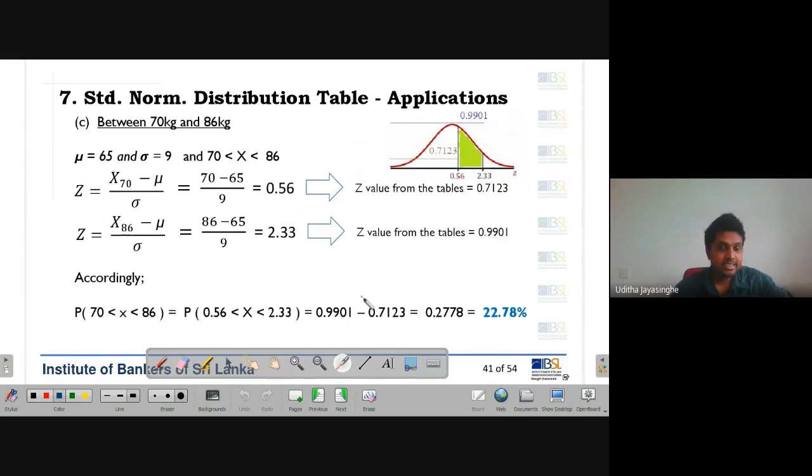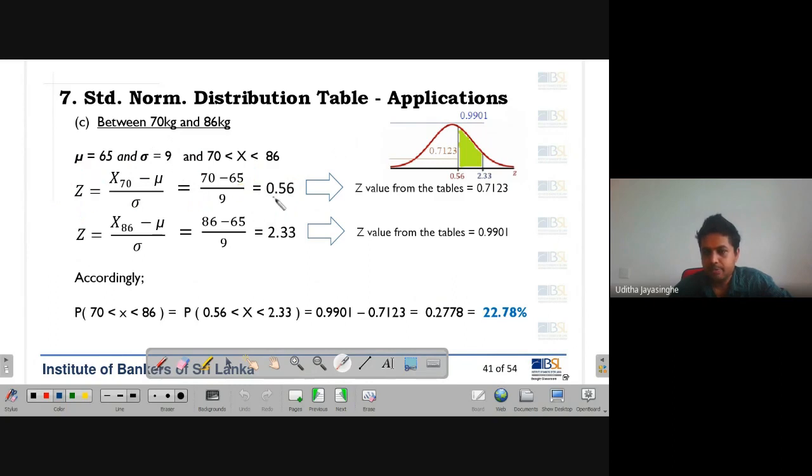So in that case, if it is in between, what you have to do, students, is nothing but take one calculation between 70 and 86, isn't that so? For the 70, this is the first Z computation.